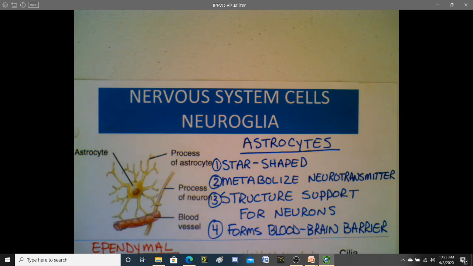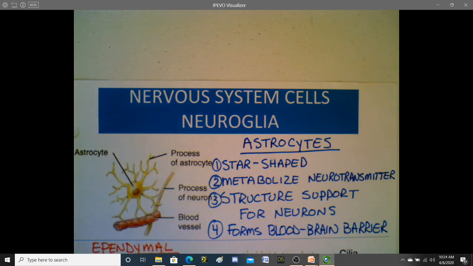So, for example, there are a bunch of different types of molecules that are floating around in your blood that cannot move into your brain tissue. It's prevented from moving in by these astrocytes. So in this picture, you can actually see the astrocyte grabbing onto a capillary, and it will prevent things like large molecules, potential toxins, that kind of thing, from moving into your brain.